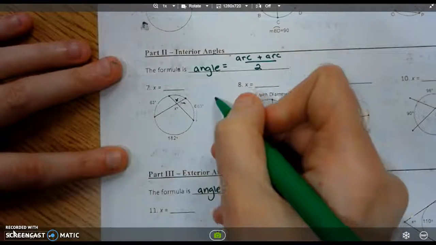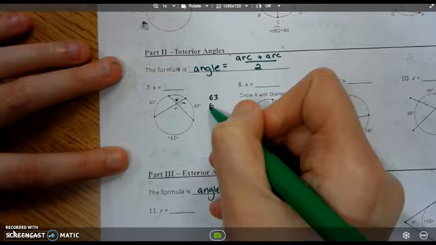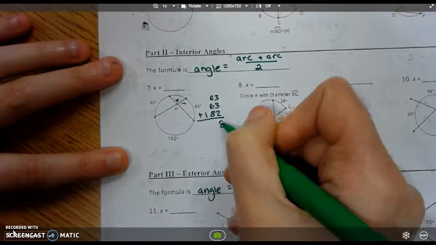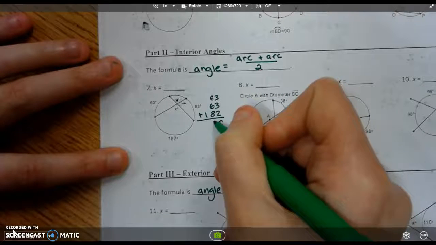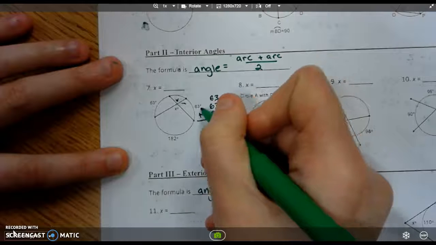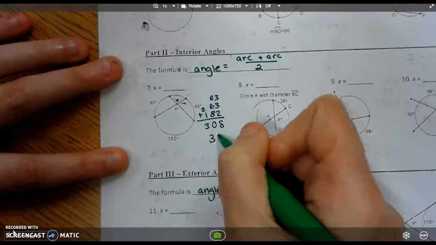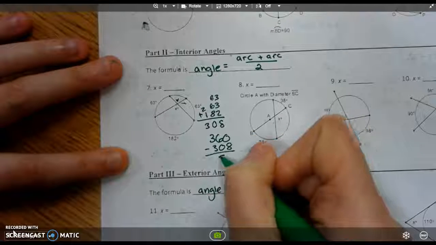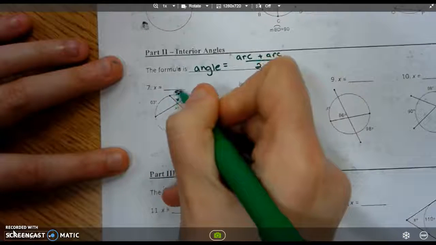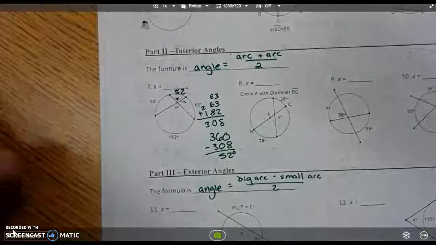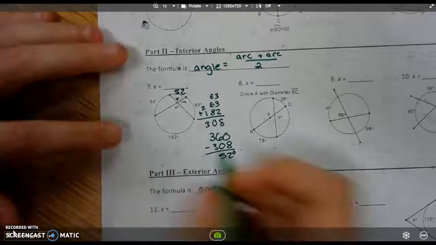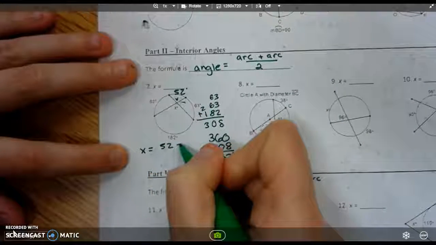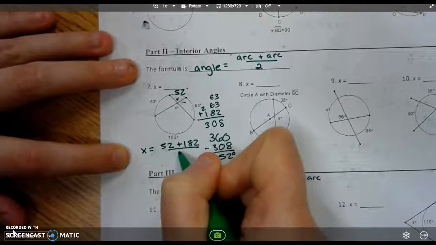So if I add the pieces I do know, and I subtract from a whole circle, I'm going to get the piece I don't know. So this piece is 52. And then once I get the piece I don't know, I can plug it in the equation, right? So the angle is equal to 52 plus 182 over 2.